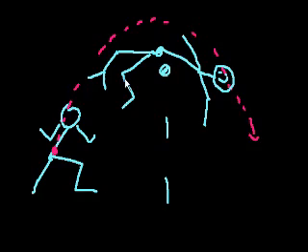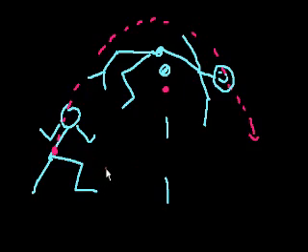What's interesting is, if you took the average of this person's density and figured out their center of mass, if someone jumps like that, the center of mass actually travels below the bar. Because the person arches their back so much, their center of mass actually goes below the bar.